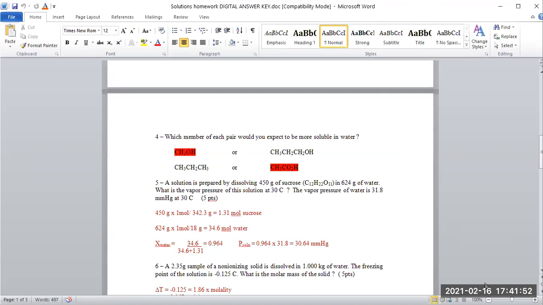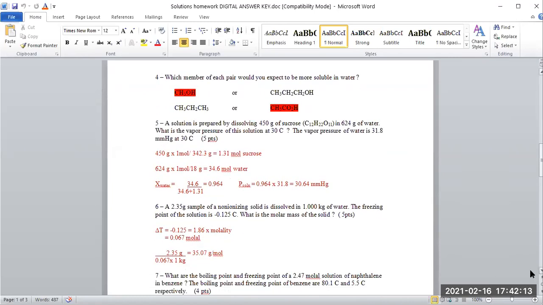We had roughly 50% more water present there, 624 grams, but water's little. Water has a molar mass of 18. So I have 34.6 moles of water.